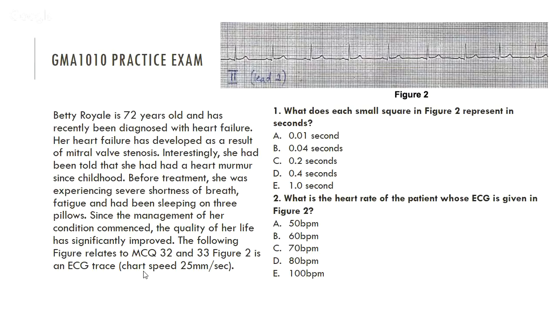And what's the heart rate? How would you calculate the heart rate? Because you can use the big box method or the small box method. All right, I might just go through.